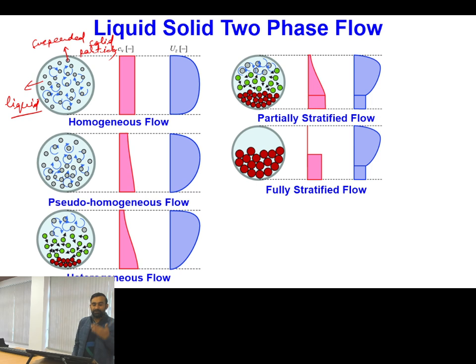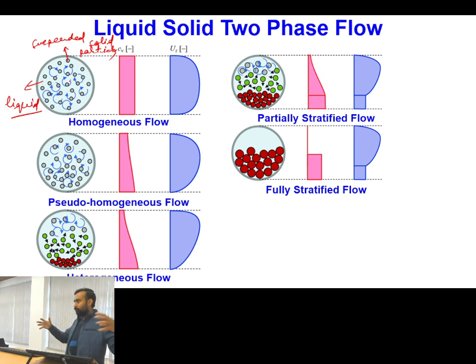But in this scenario, if you see, there are two factors. One factor is that particles are solid, so one thing will be the size and weight of the particle. If we consider large size particles, their weight will increase and these will try to fall in the downward direction. Second important point is the flow velocity of the liquid.